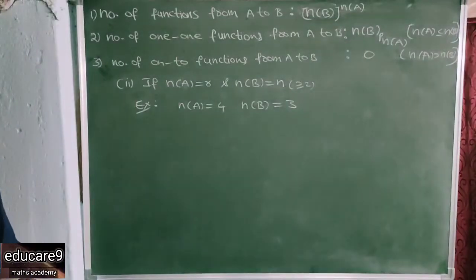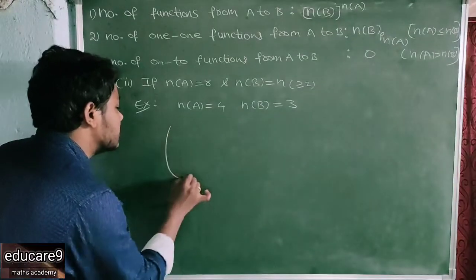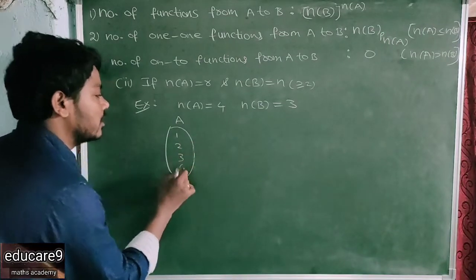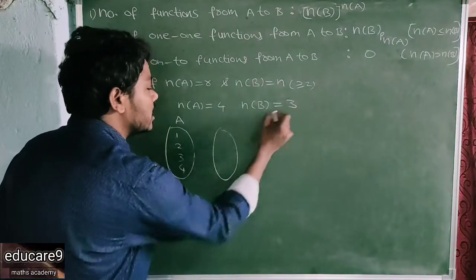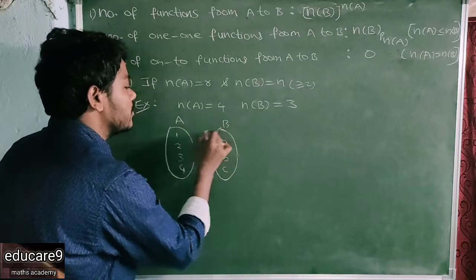Now find the number of onto functions. See here, set A has the elements 1, 2, 3, 4. The number of elements in A is 4 and the number of elements in B is 3. So here A, B, C. So this is the set B.